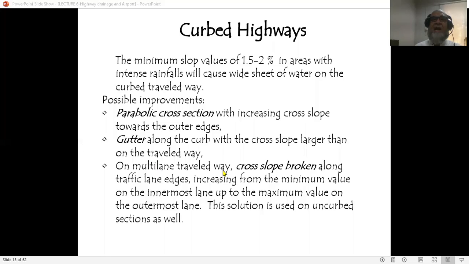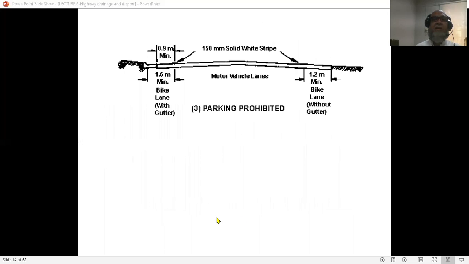On a multi-lane highway or multi-lane traveled way, cross slopes are broken along traffic lane edges, increasing from a minimum value on the innermost lane up to a maximum value on the outermost lane. This solution is used in uncurbed sections as well.